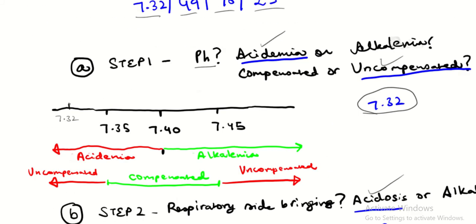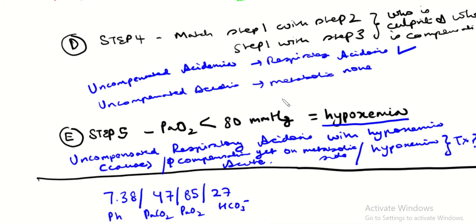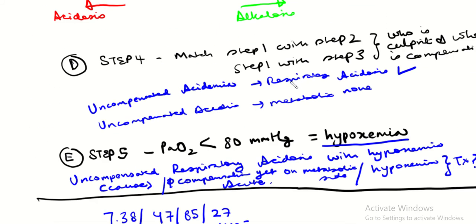We had uncompensated acidemia, and step 2 gave us respiratory acidosis. The metabolic side is bringing in nothing. Acidosis is matching with acidemia. So this is what? Uncompensated respiratory acidosis. This is the culprit. This is the cause.